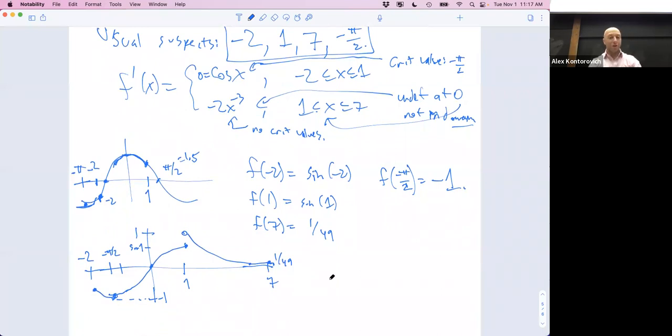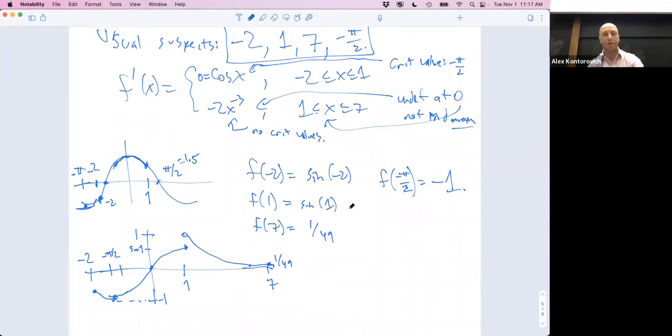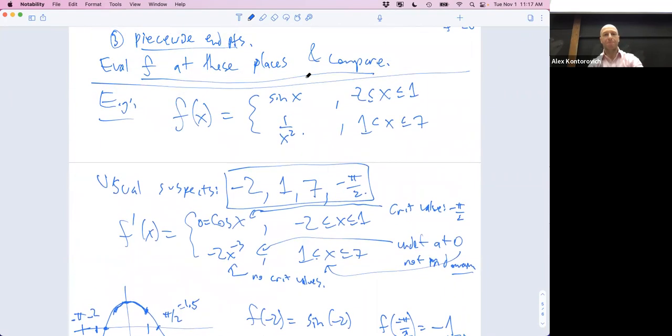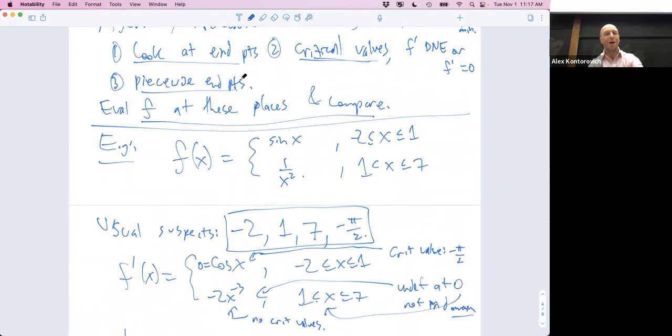So now I can look to see what's going on with maxes and mins. Now, there's one more thing that I should have said, which is not just at the piecewise ends, you have to look at both sides if something is piecewise.